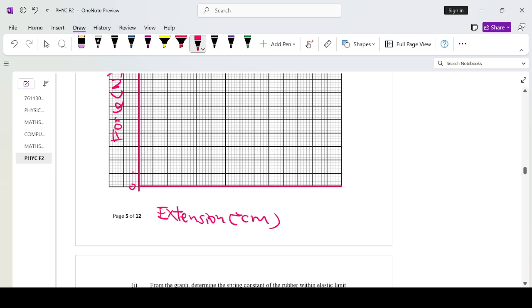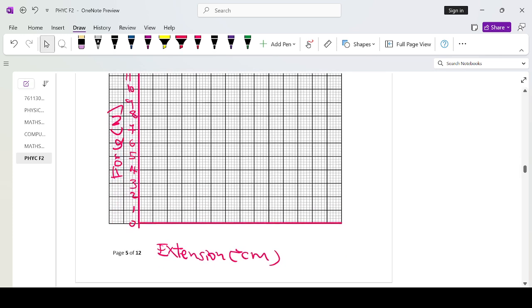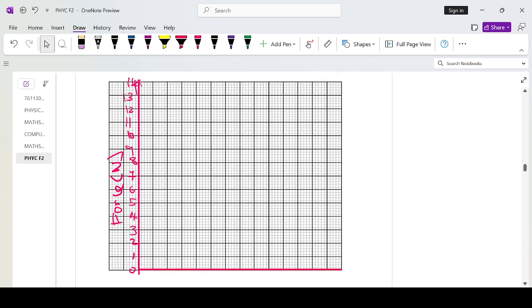So this is 0 1 2 3 4 5 6 7 8 9 10 11 12 13 14. 1 2 3 4 5 6 7 8 9 10 11 12 13 14 on my x-axis.